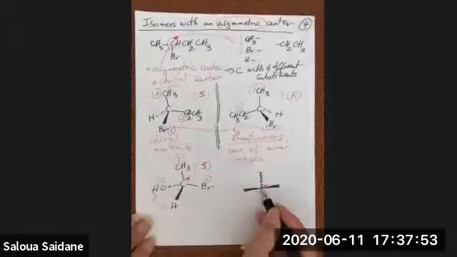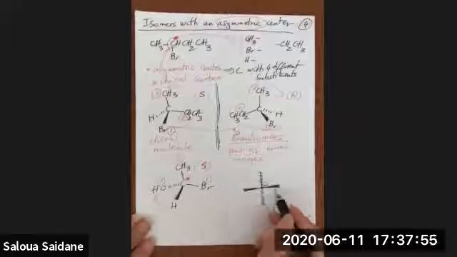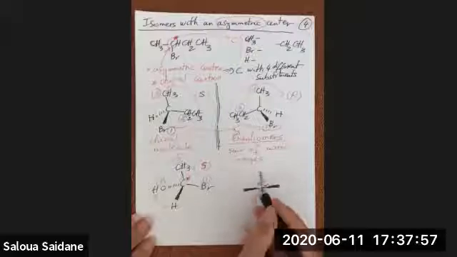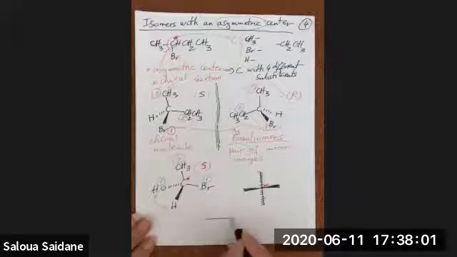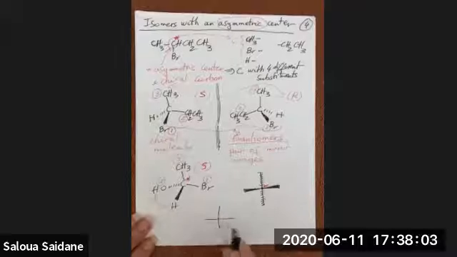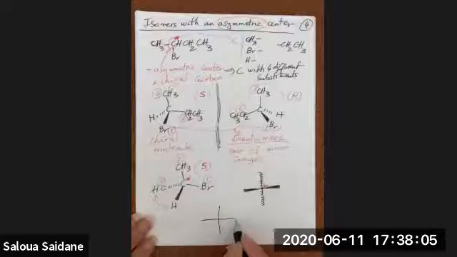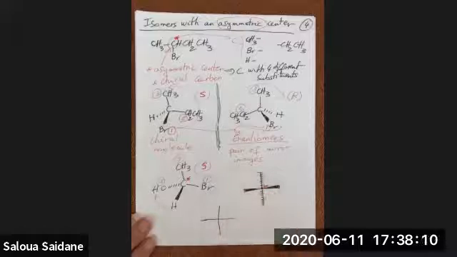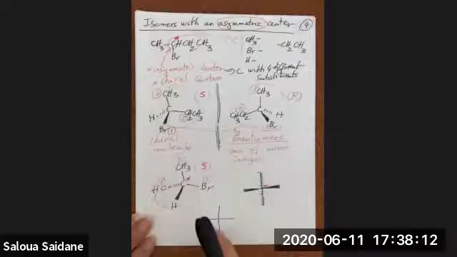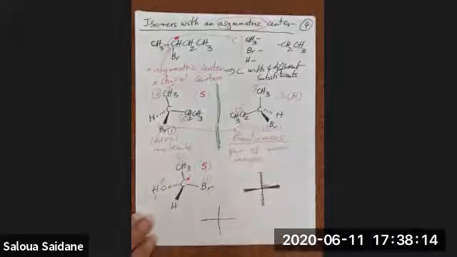So he doesn't represent it like this, just put wedges. There, we don't put wedges and dashed lines, we just put this. But in your mind, you need to know that the horizontal line represents two substituents coming in front of the page, and the vertical one is two substituents going behind the page.